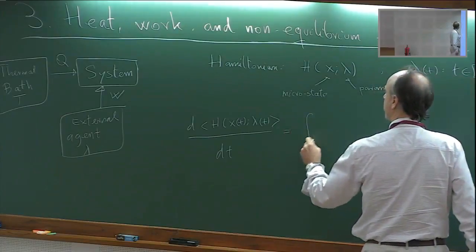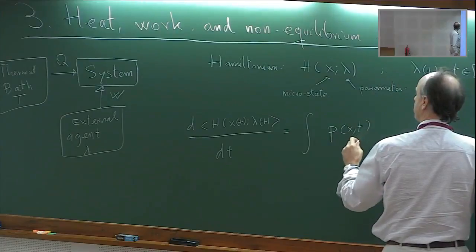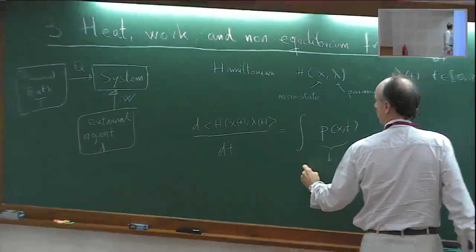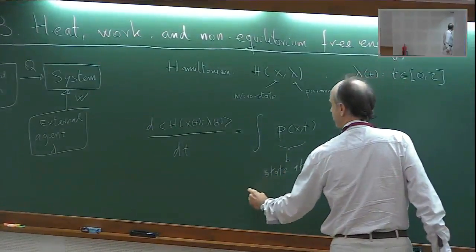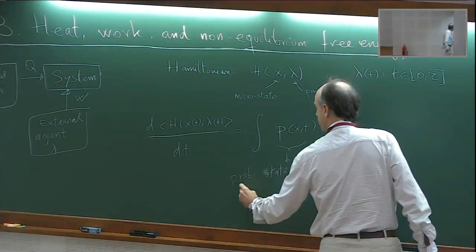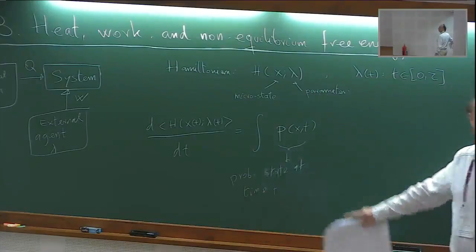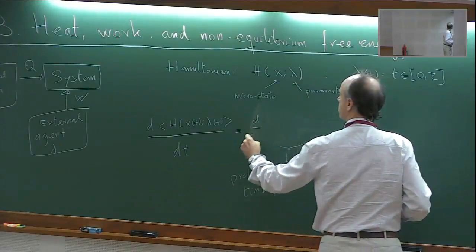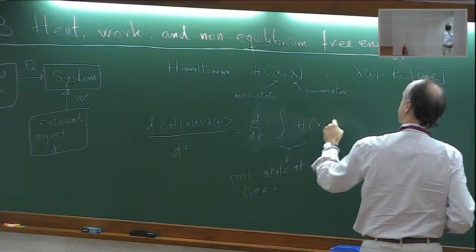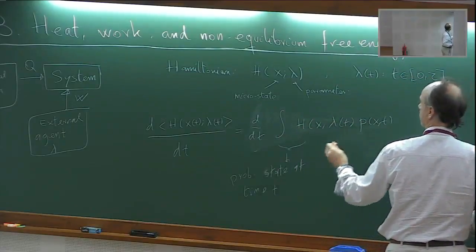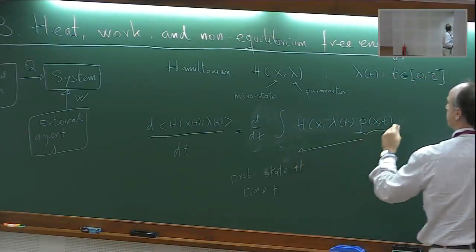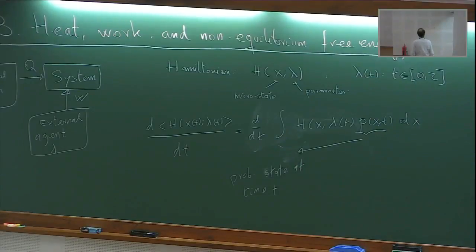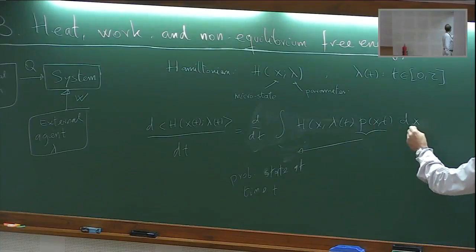If this is the probabilistic state of the system at time t, then the derivative with respect to time of the mean energy is an integral over all my microstates, or a sum, depending on whether x is continuous or discrete.